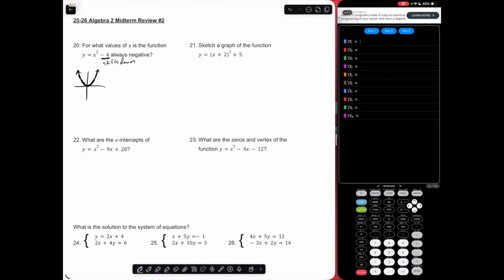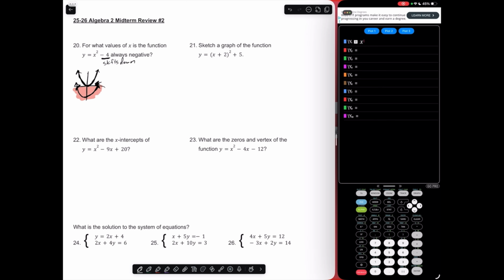And if you had a table, you could plug numbers in and figure out what's going on. But this shift down tells us that the function is going to move down 4 units. So it's going to be here. So in terms of negative, that graph would be negative anywhere below the x-axis. So we need to determine what this x-intercept is on the left and on the right.